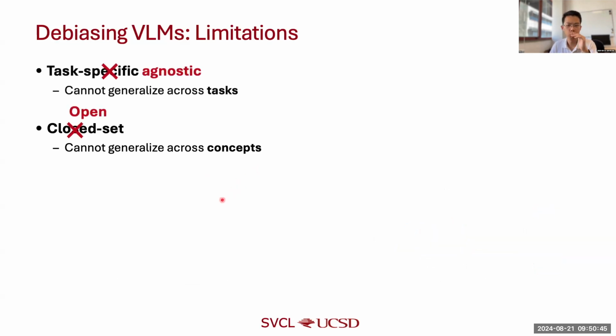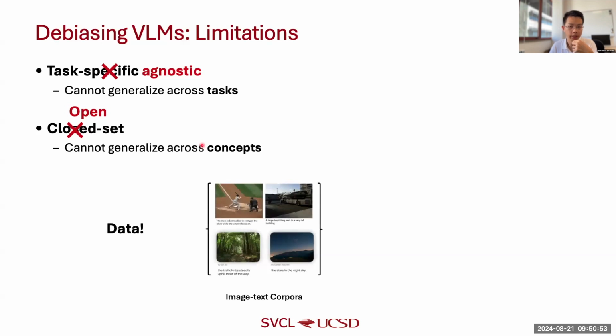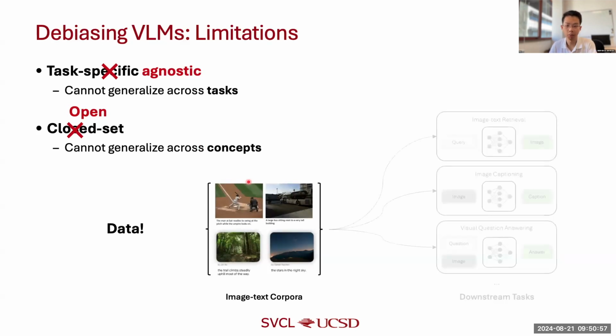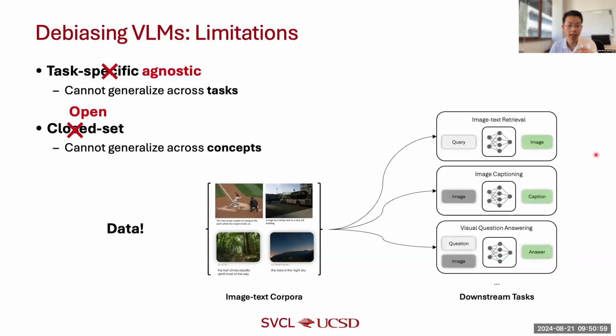So how can we move beyond these settings and towards task agnostic and open vocabulary debiasing? I would argue that the key, again, is the data, because the data unites multiple vision language tasks, since many tasks can be defined on the same image text corpora.